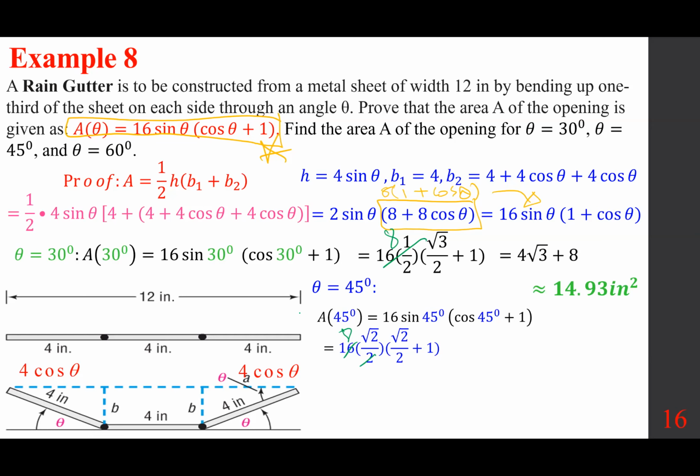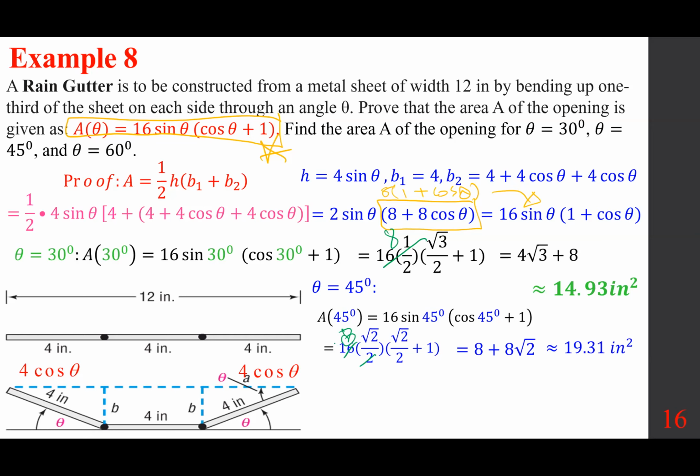This is 8 square root of 2 times 1. Again, this is exact. Then an approximation using a calculator with a bunch of decimals, however many decimals they ask. If they don't, you want to go with more decimals.